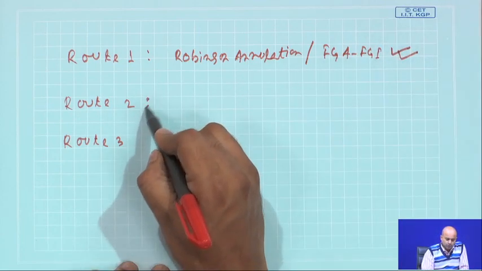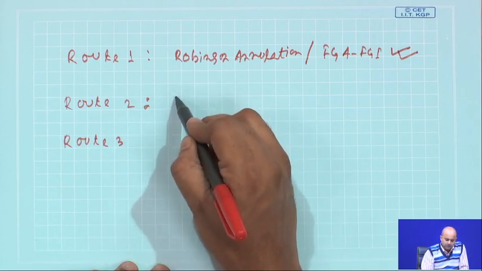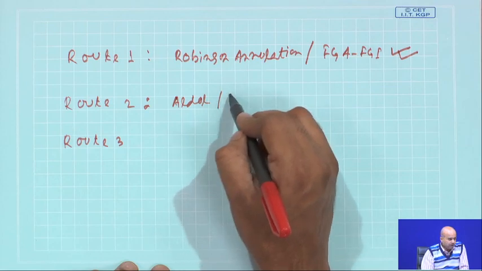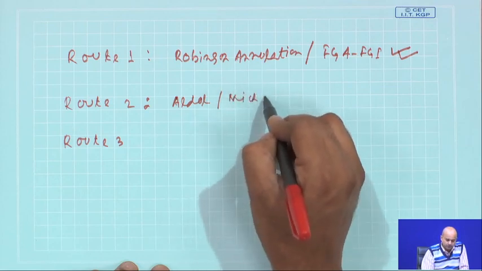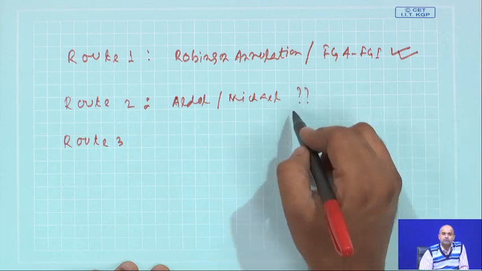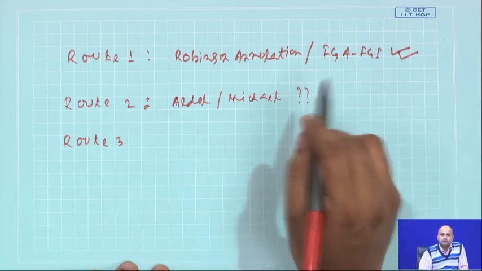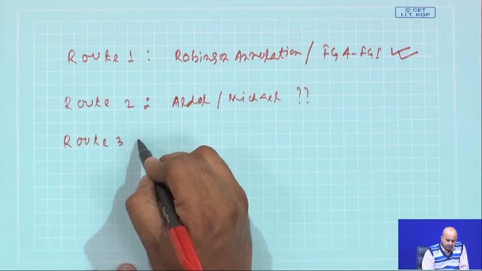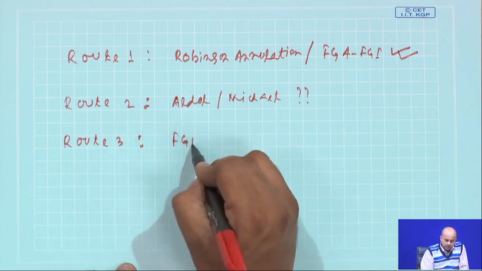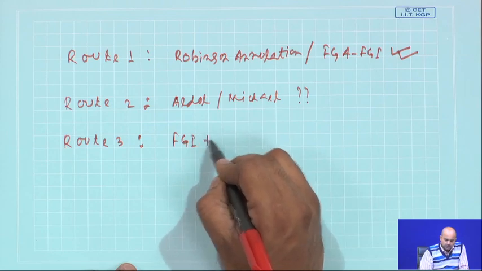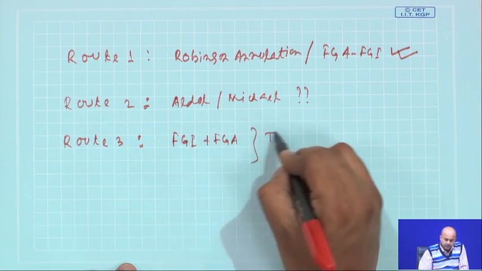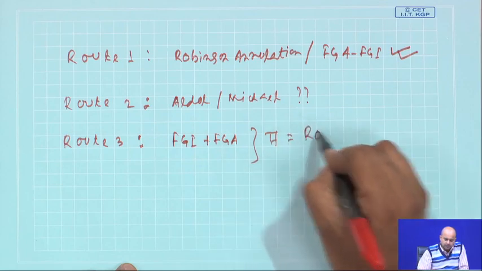Route 2 is again based on an aldol Michael pathway, but this route is a little bit dicey at the starting material, which contains multiple carbonyl groups. Route 3 is also based on a couple of FGI plus functional group addition, and the key transformation is again the Robinson annulation.